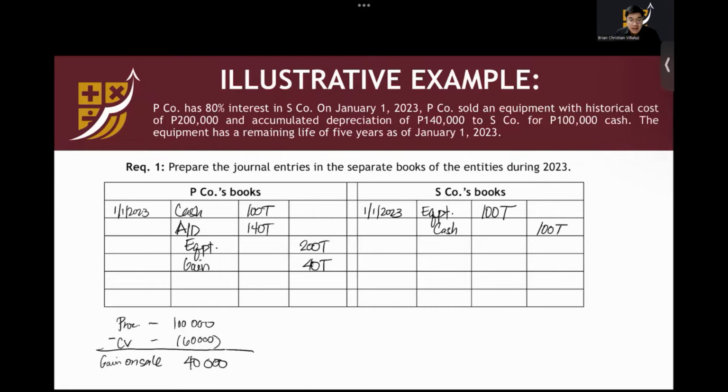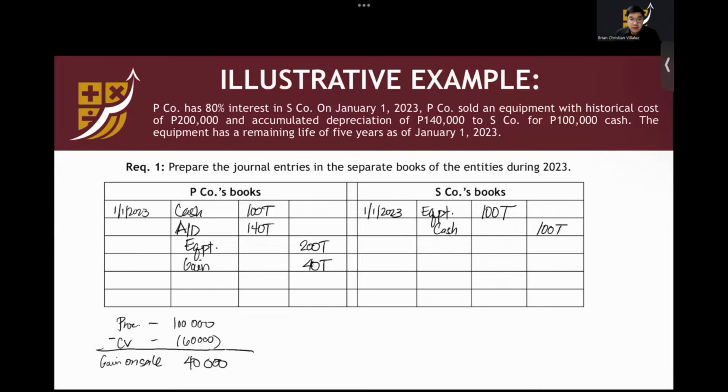Right? So you see, from the consolidated FS perspective, the transaction is invalid, because they have a parent and subsidiary relationship. And remember, parent and subsidiaries are considered as one company or one entity.